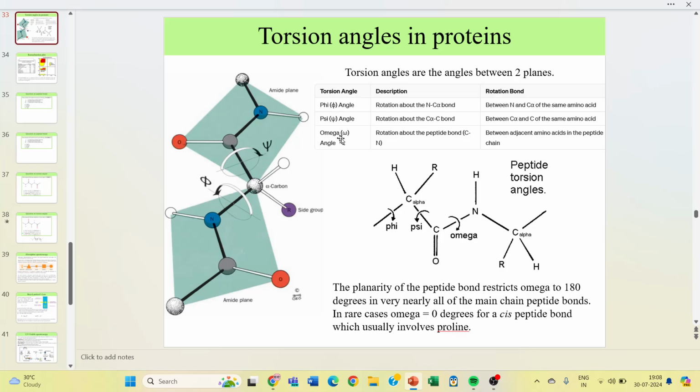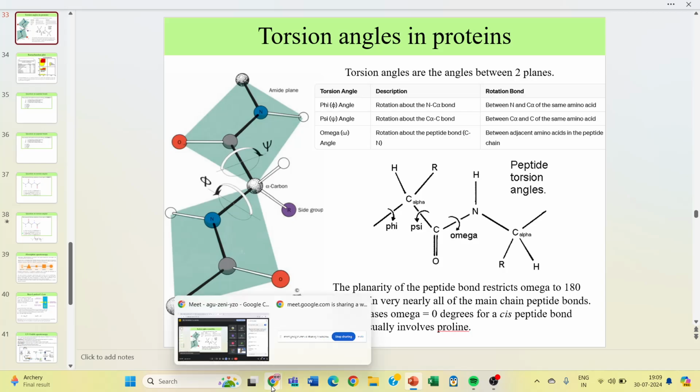Besides that, there is also an omega angle, which is the rotation about the peptide bond. But this rotation is very limited, and therefore we do not take this into much consideration. Planarity of the peptide bond restricts omega to 180 degrees in nearly all of the main chain peptide bonds. In rare cases, omega is 0 degrees, which are seen in a cis peptide, which is usually seen in proline.